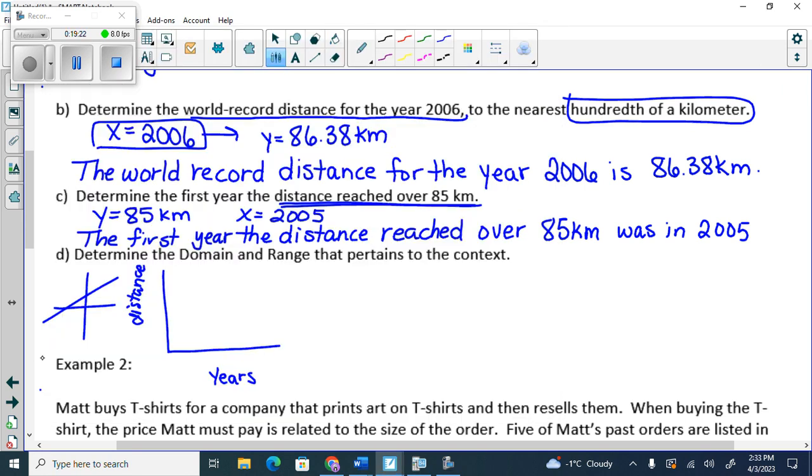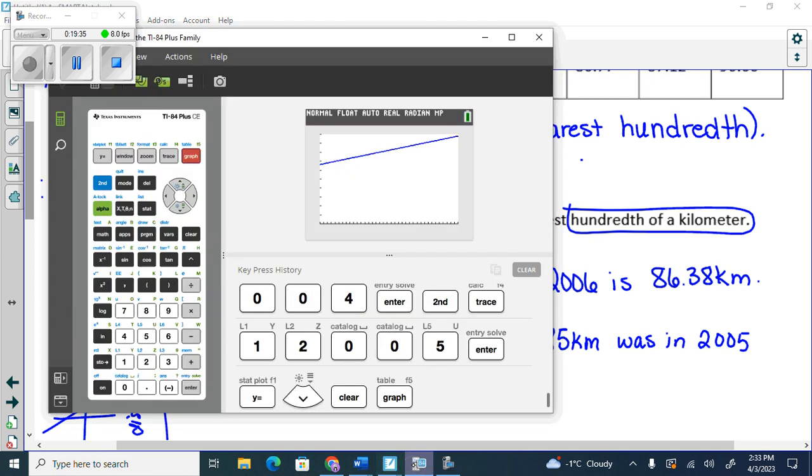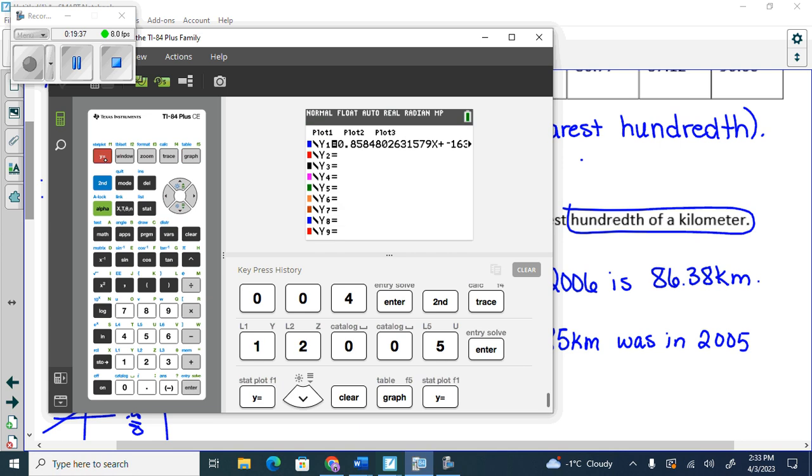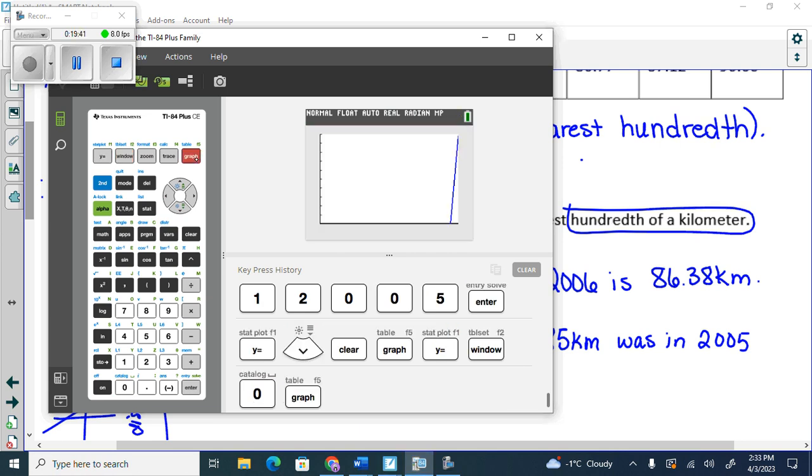In my equation, which of these are the y-intercept? Yeah, this one's way lower, correct? It's negative 1,635. Because I didn't actually start my calculator at what? x equals 0.